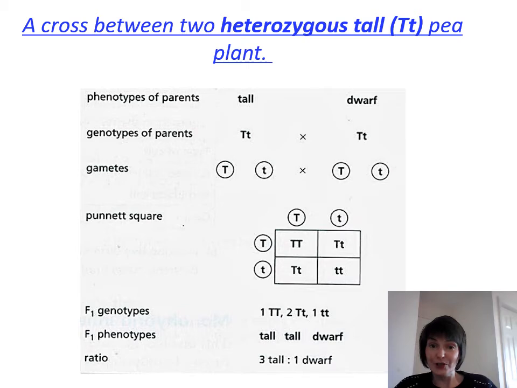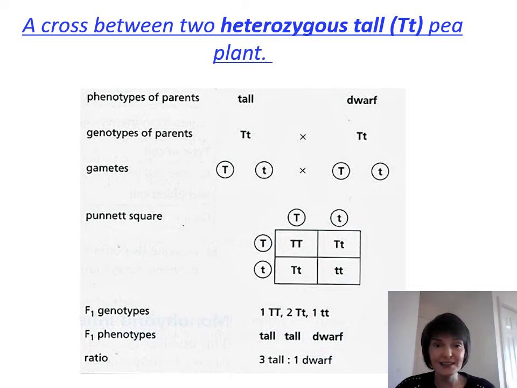So what we could do now is we could take that generation and we could do a cross between two heterozygous tall pea plants and find out what the genotypes and phenotypes of their organisms would be.